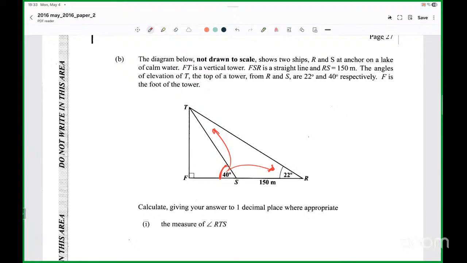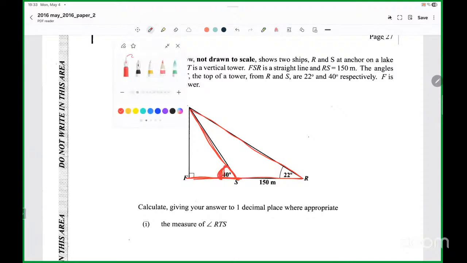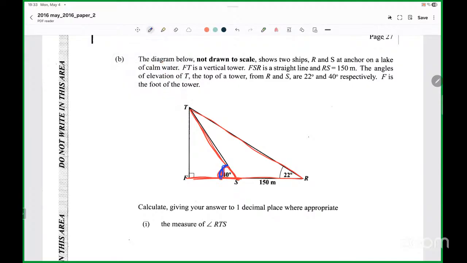Because if you look at this triangle here, this is an external angle out here. So that exterior angle is equal to the sum of the two opposite interior angles.